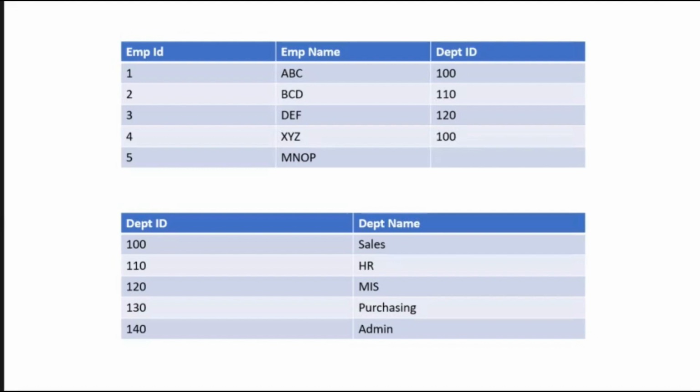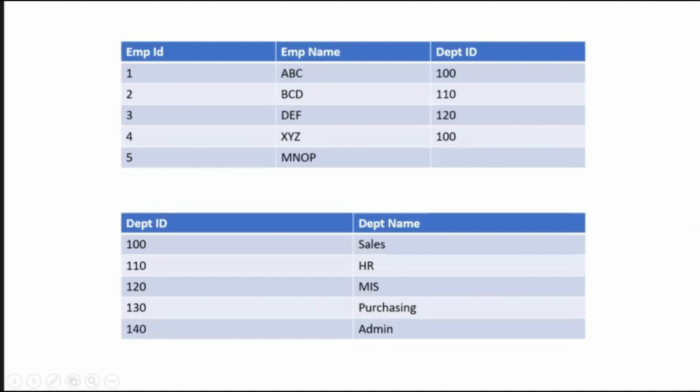So if I now want to join these two tables, the term that we use in IT is joining of tables. If we join these two, this department ID is in this table, there is one primary key. It is called the primary key, which is a unique ID.